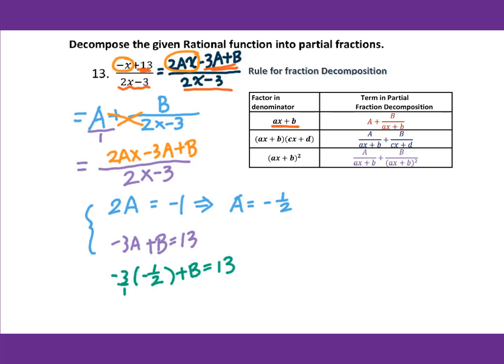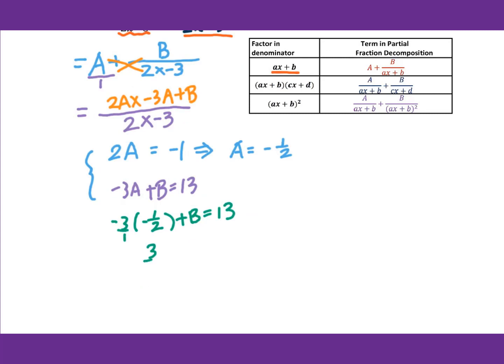We multiply, you will get 3 over 2 plus b equals 13. Then move it across, change sign. Still, we do cross multiply. The denominator is 2. This multiply, you will get 26 minus 3, get 23.